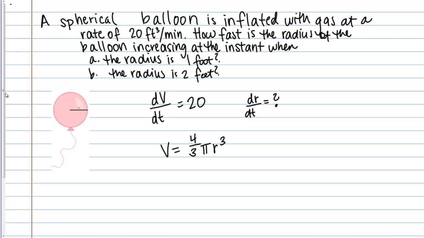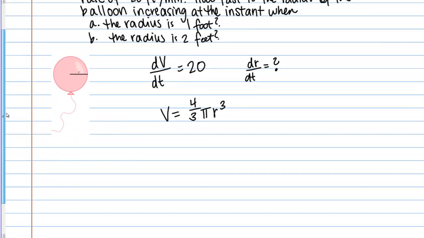This is a relatively simple related rates problem compared to some of the later ones we'll see, so there's no extra elimination we have to do. But if we had an additional variable in our problem besides V and r, we would want to come up with some method for eliminating that variable. But now our equation is good.